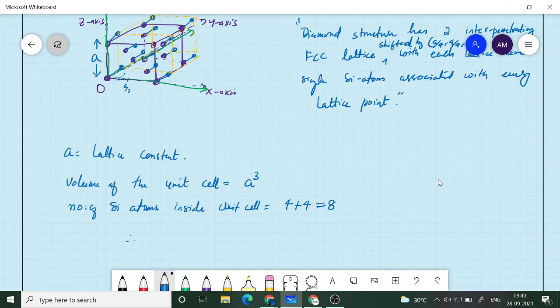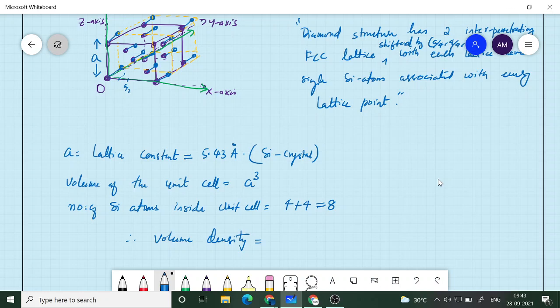So therefore volume density, and the value of A was 5.43 Angstrom. That is the value of A for silicon. Okay, this is only for silicon; it actually depends on which species of atom. So for a silicon crystal, the lattice constant A is 5.43 Angstrom.